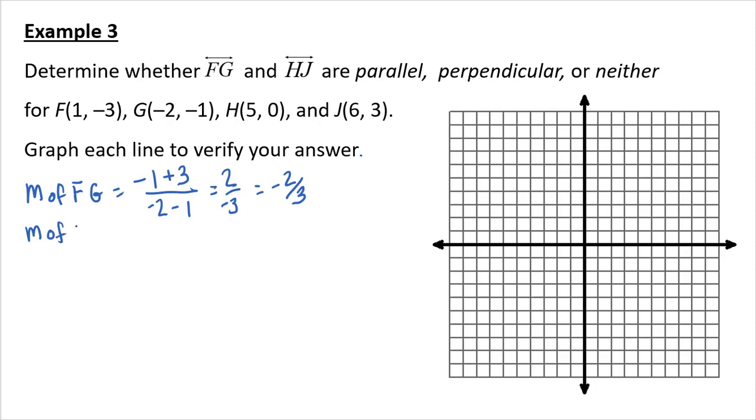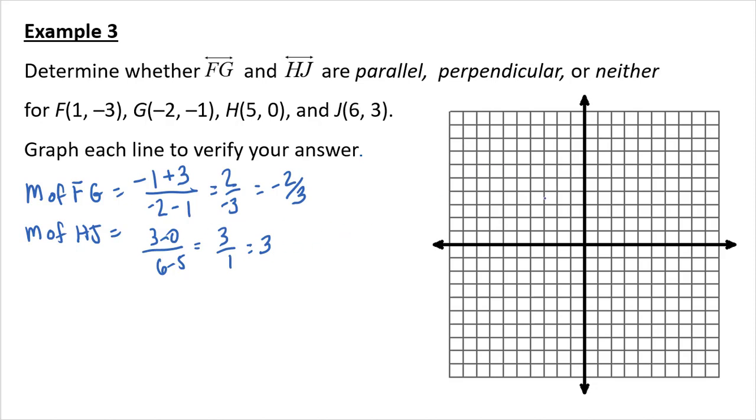The slope of HJ is 3 minus 0 over 6 minus 5. So those slopes are neither, because they're neither the same nor opposite reciprocals.